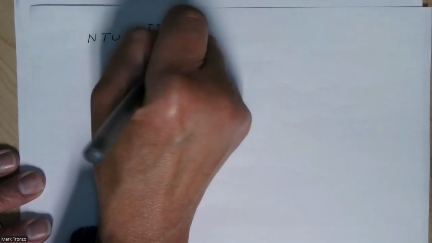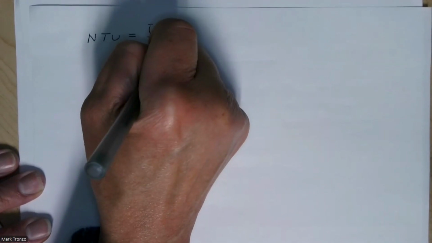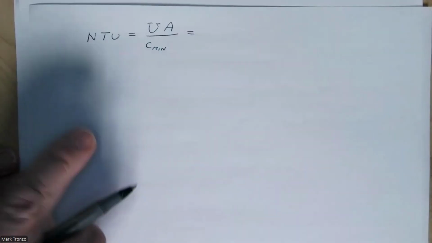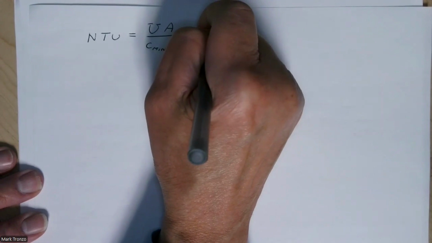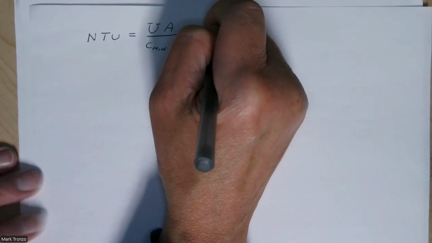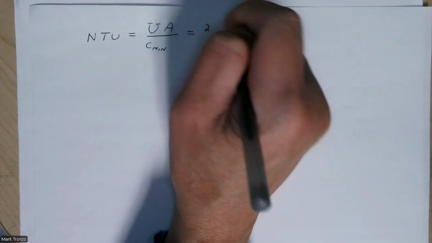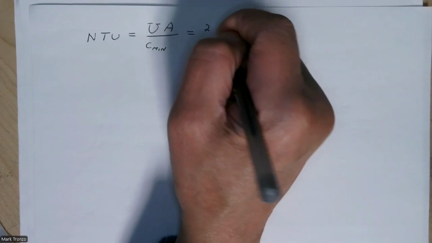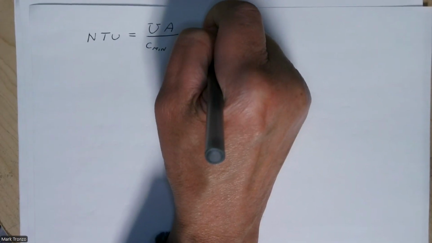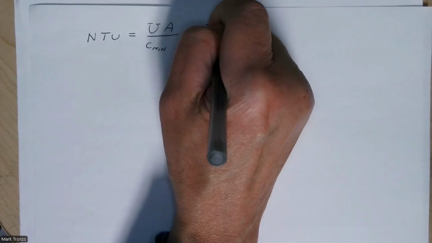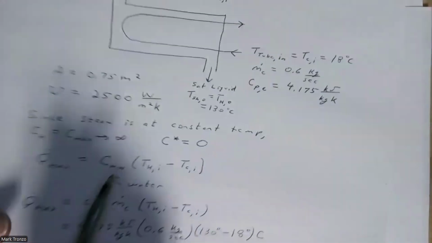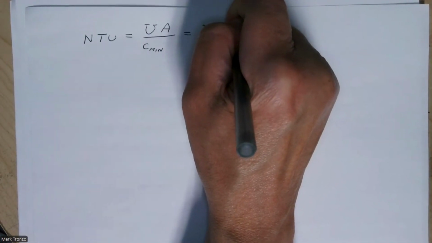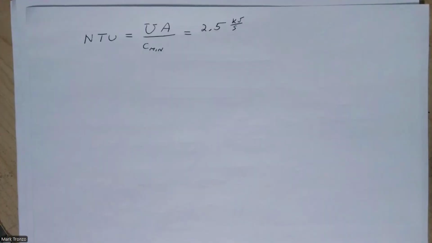That's UA divided by C min. And we were given the overall heat transfer coefficient, which was 2,500 watts. And now actually, I'm going to convert that. The 2,500 watts would be 2.5 kilowatts, and kilowatts are kilojoules per second. I want to put that in because some of the other units are in kilojoules.